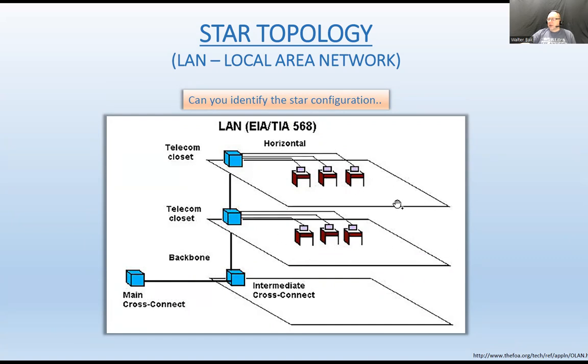All right, and so on. Here is what this thing was labeled as main cross connect. Sometimes you can call it a demarc point or demarcation point, and demarcation stands for point of entry. So, well, there's going to be one location that everything comes to from the outside.